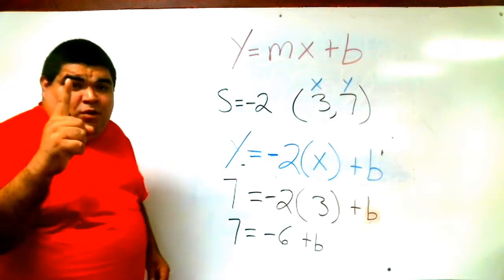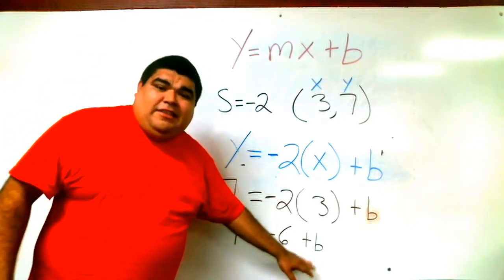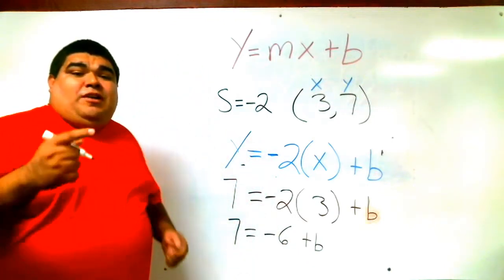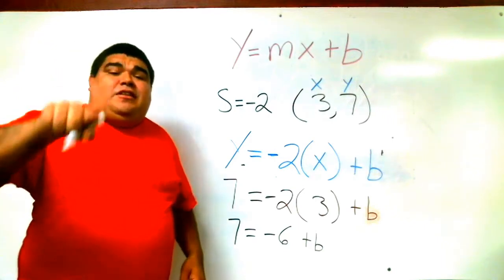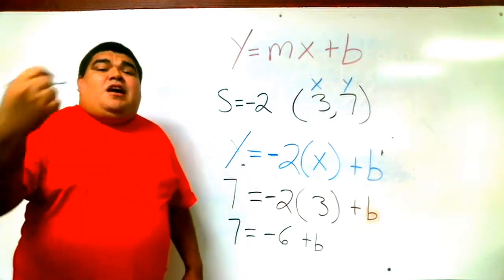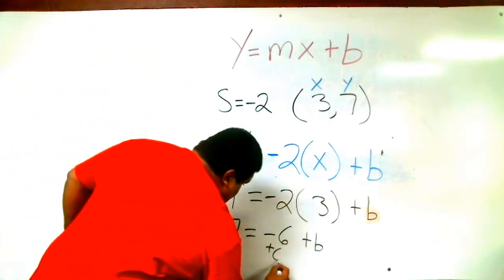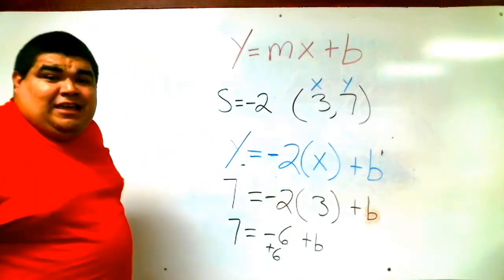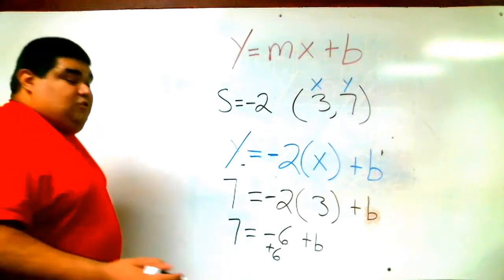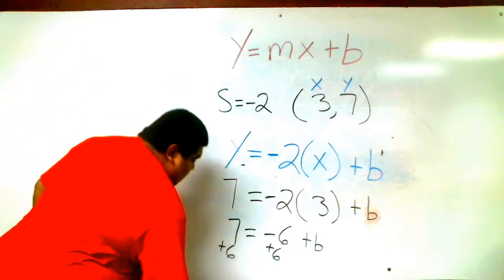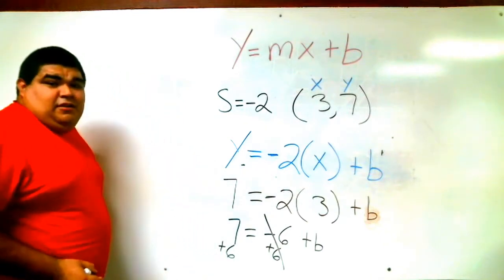We still have one more step, because remember, we have to get that b alone. So we have to move the -6 to the other side. The opposite of -6 is +6. Whatever you do to one side, you have to do to the other. So we have +6. The 6's cancel out.